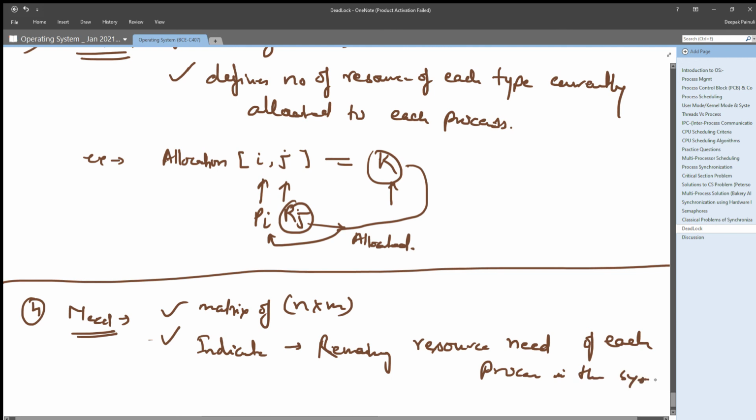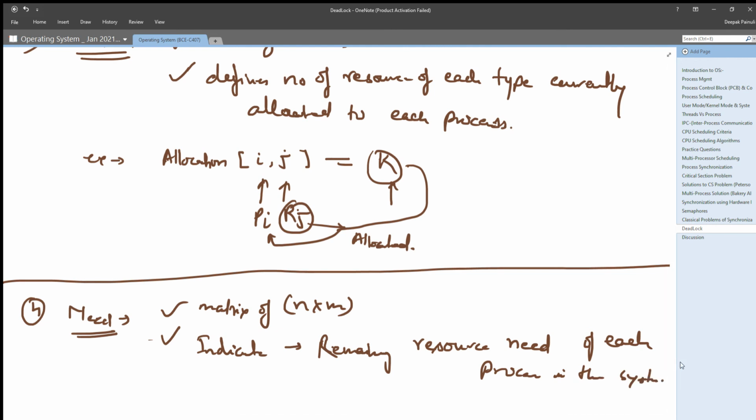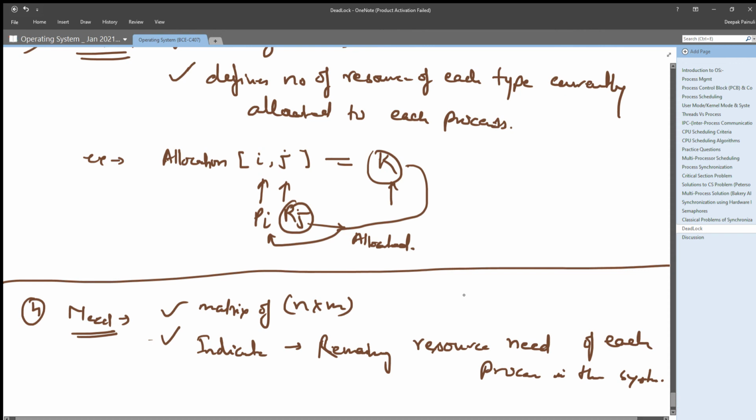Let us say P1 has a demand of 10 instances of resource type A, and currently it is having 6 instances of A. Then what will the need show? The need of that particular process will be 4 instances of that resource.